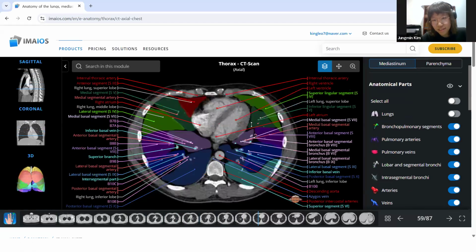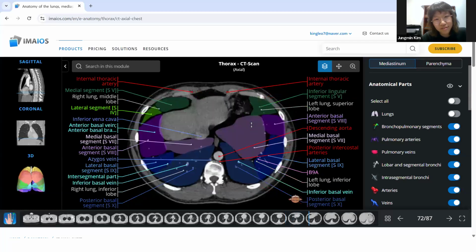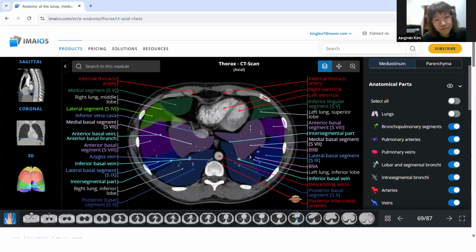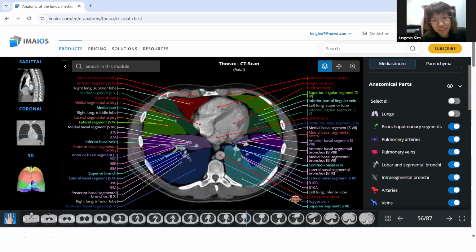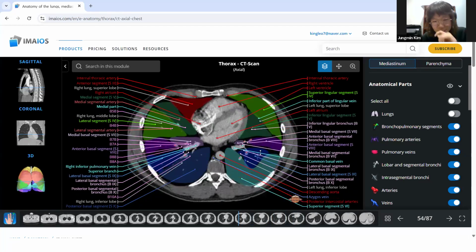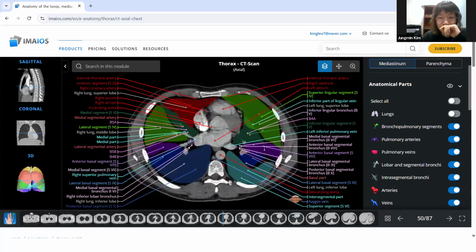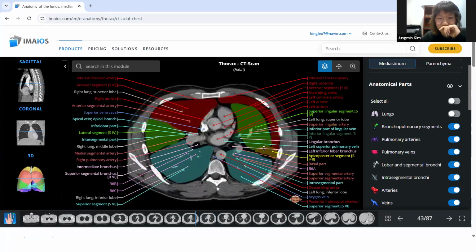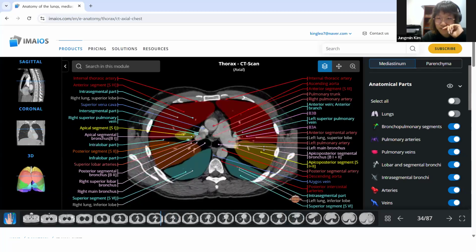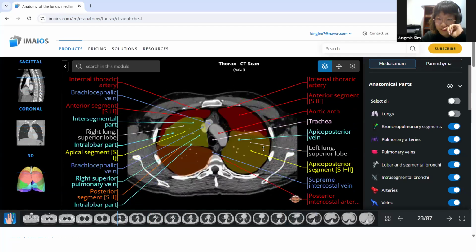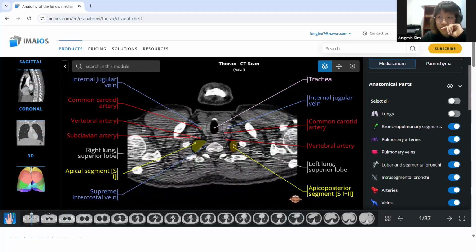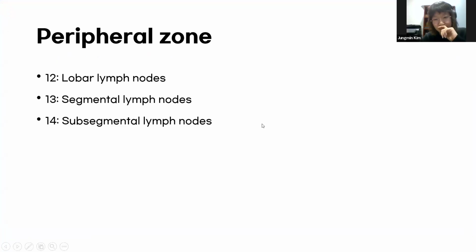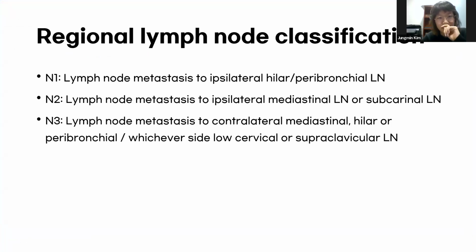There are a lot of structures in this chest, so unless you go to the radiology department, I don't think you really need to know all of these structures, but just get a vague impression. Anyway, this is the end of how to look for lymph nodes in chest CT.